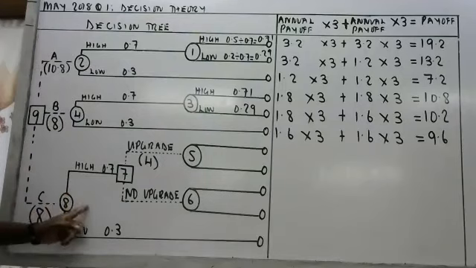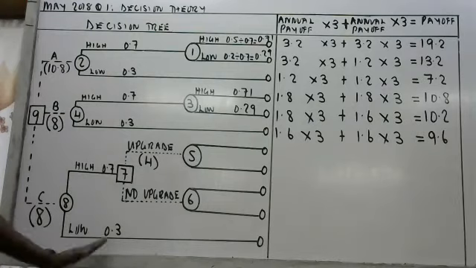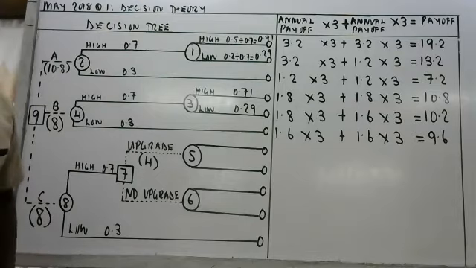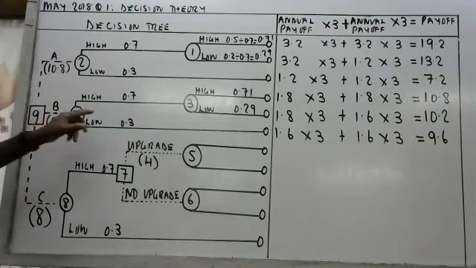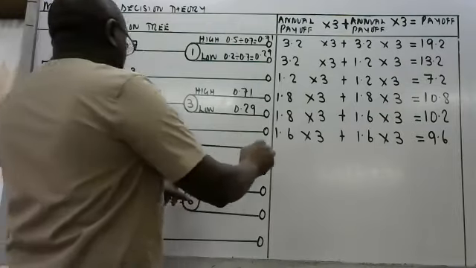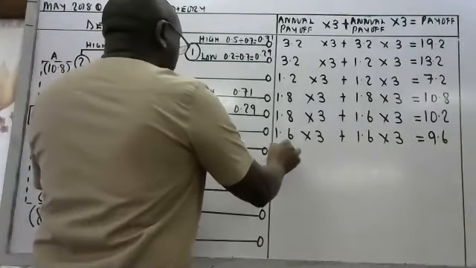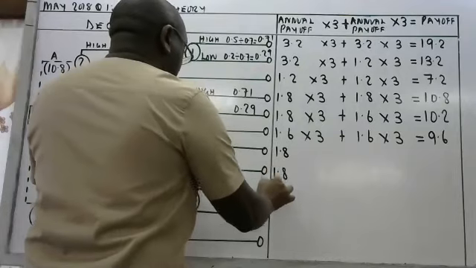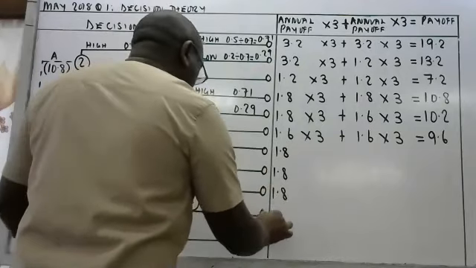When we come to C, we are told for the first 3 years, it will be like B. What that means is, B, when it is high, here, it is 1.8.